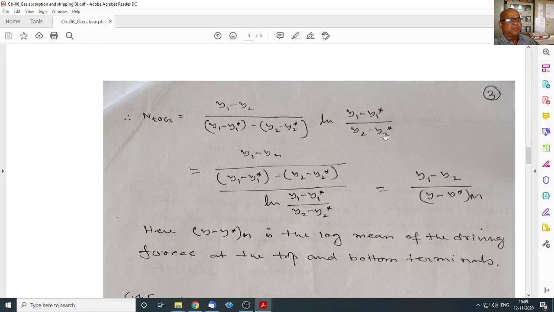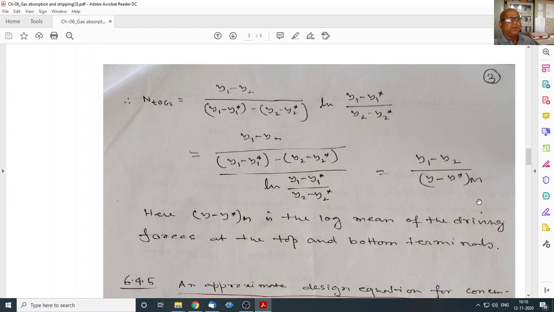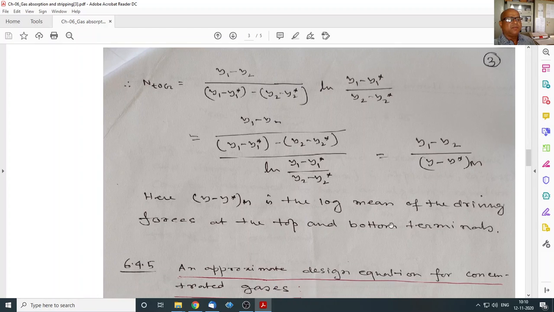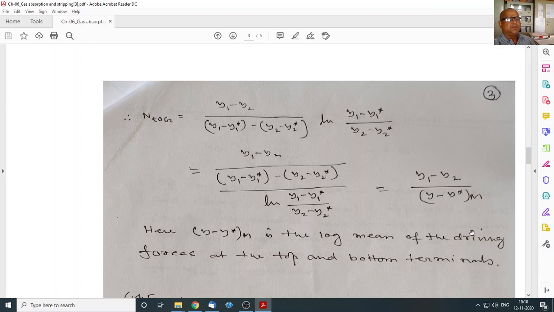Now if you see, you can rearrange this equation. This is y1 minus y2 by ln of this, and I can put this as the log mean, y minus y star m. The y term is the log mean driving force of the bottom and top, isn't it? So the number of transfer units is coming as a very simple equation.